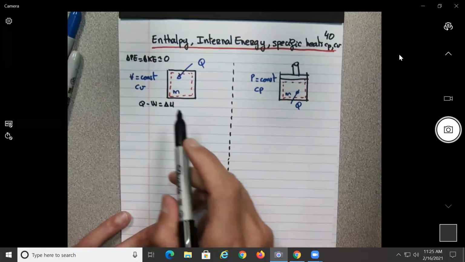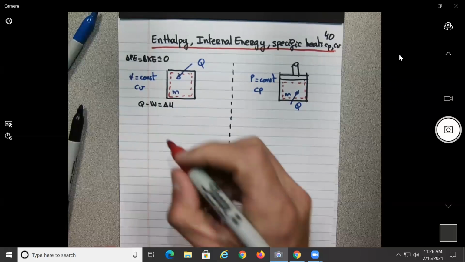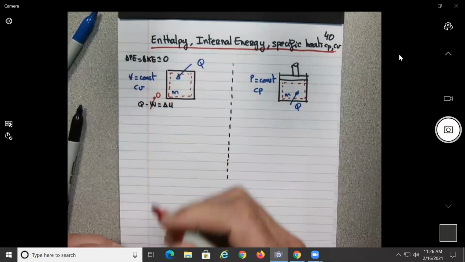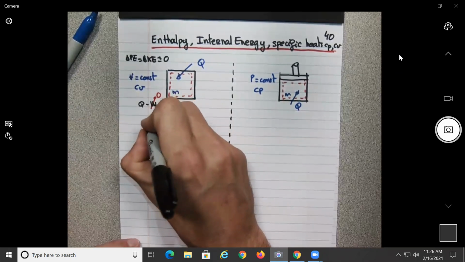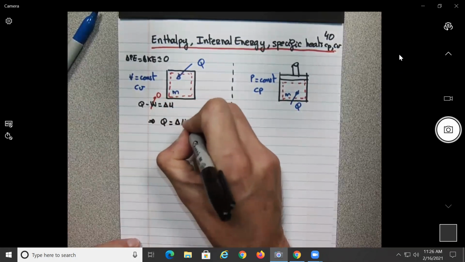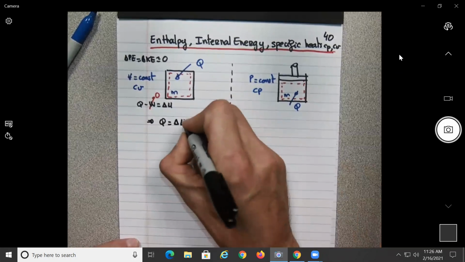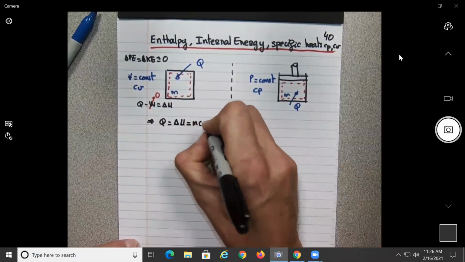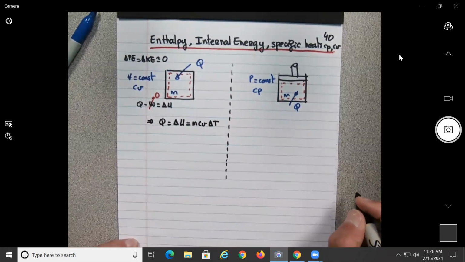So is there any work done in that system? There is no work done, so work equal to 0, which means that then the amount of heat will be equal to the change in internal energy, which for an ideal substance we know will be equal to what? M C sub V change in temperature.